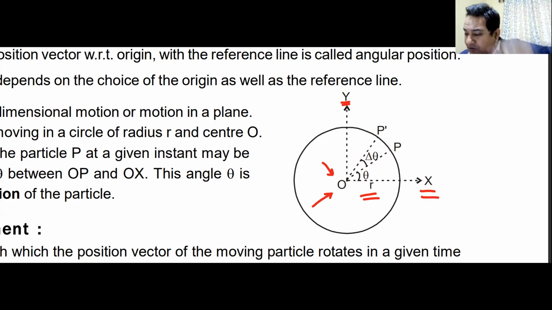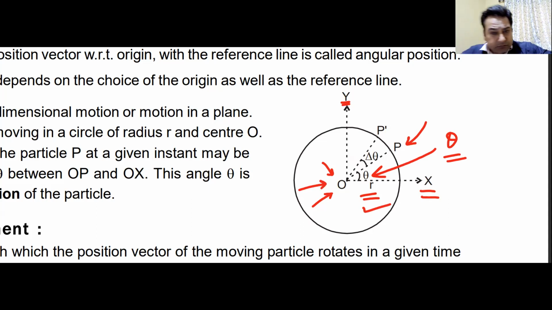Now to find the position of this particle P, I only need to tell you one thing. If you know the radius, if you know the center, to know the position of this particle, I only need to tell you one thing, and that is this angle theta. Telling you this angle theta together with the radius, and if you know the center, you can very easily find out where the particle is.